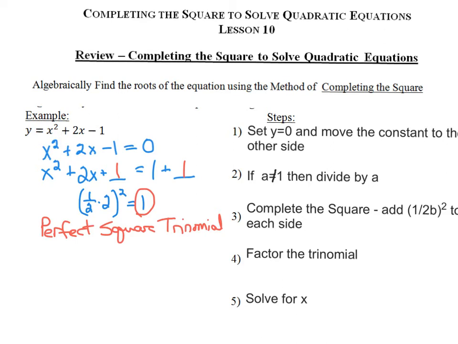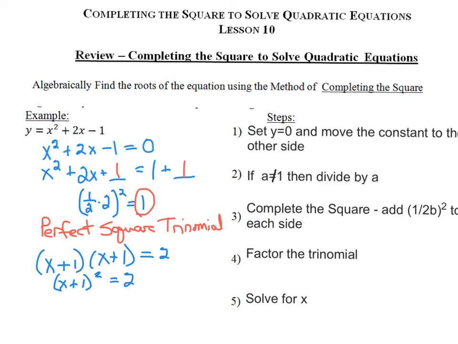So when I look at this trinomial, I say x squared plus 2x plus 1 is going to be factored into x plus 1 times x plus 1. On the right side of the equation, I add together the 1 plus 1 and get a 2. But of course, I can rewrite this as x plus 1 squared is equal to 2.